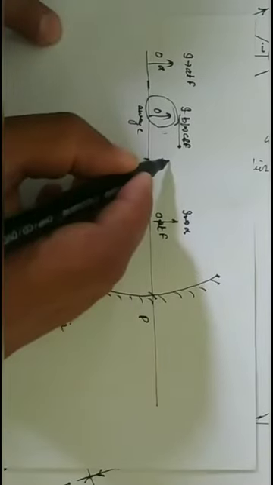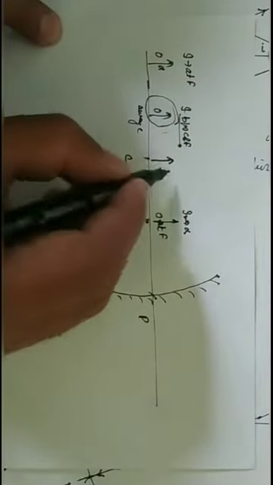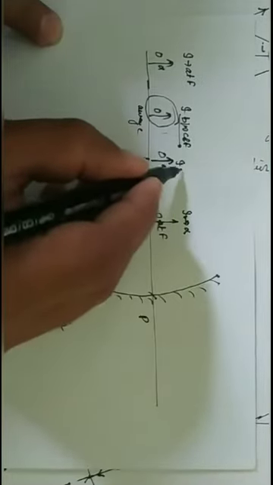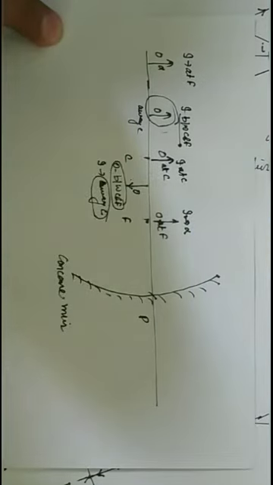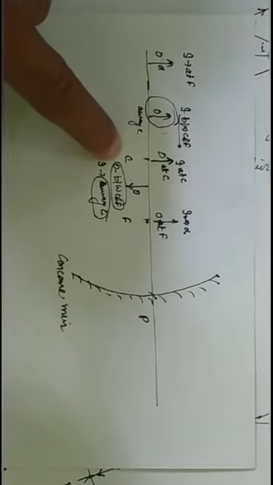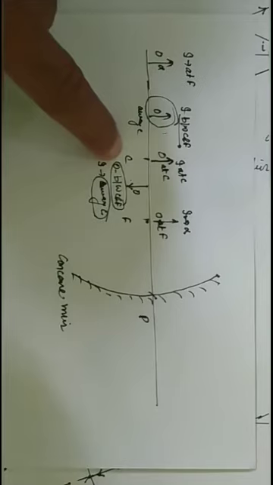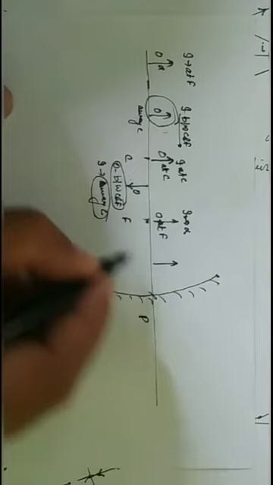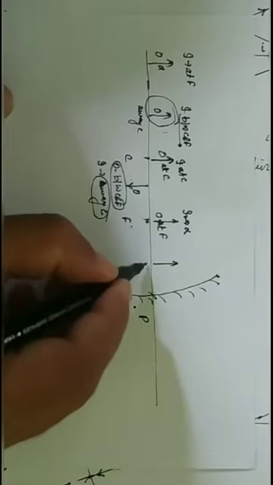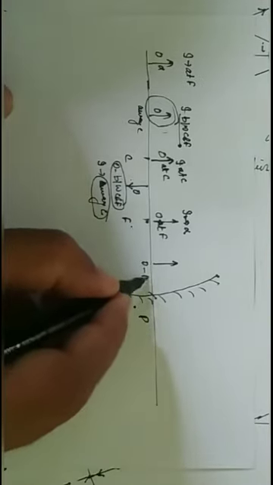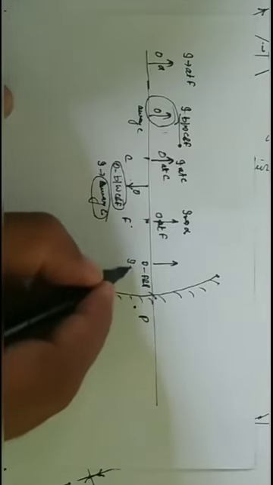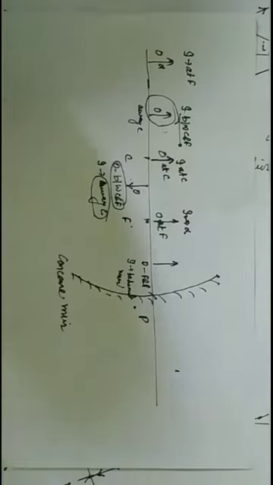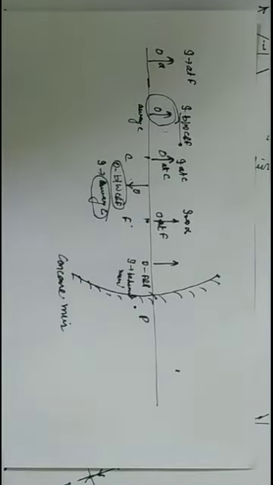And the next case is when your object is at C. When your object is at C, your image will also be at C. And the last case is when your object is between focus and pole. Here, the object is between focus and pole, and your image is formed behind the mirror, meaning this side.